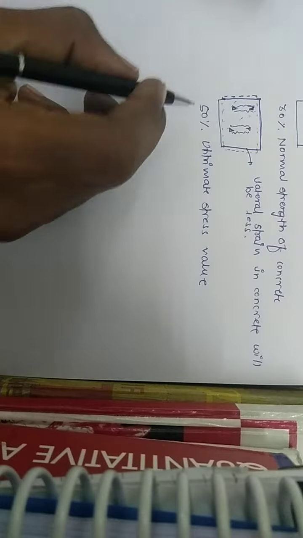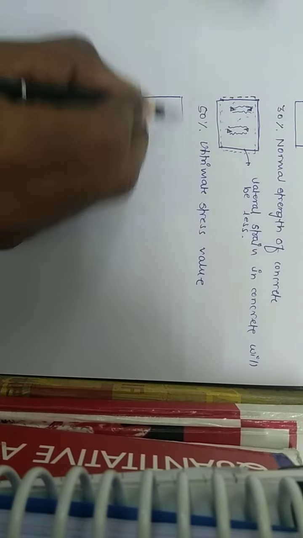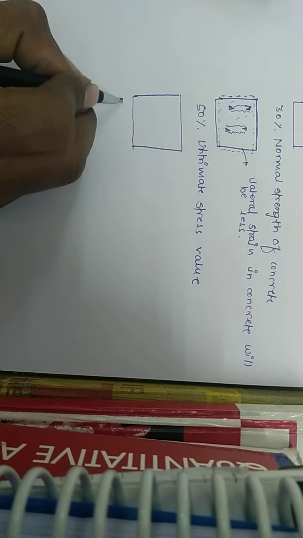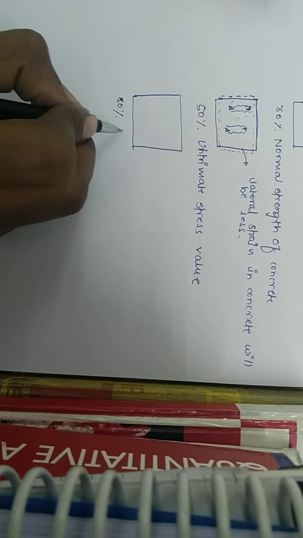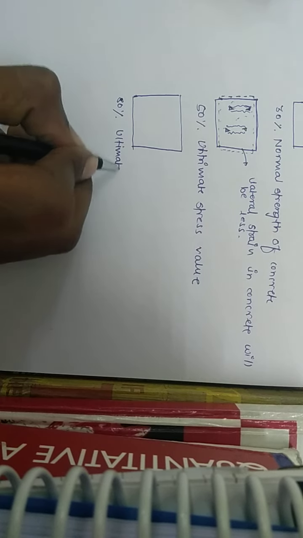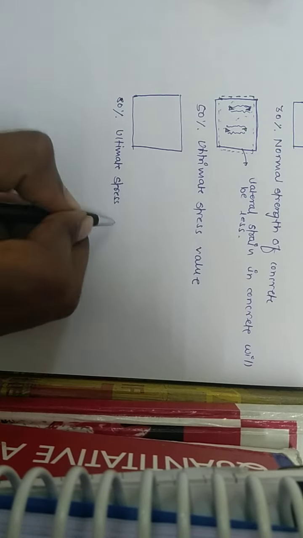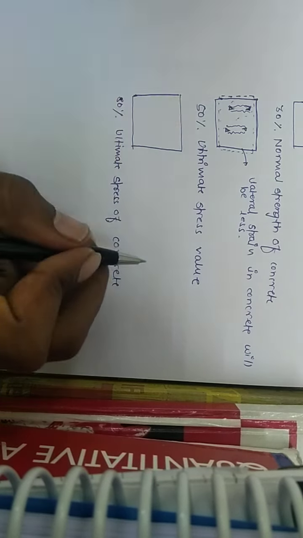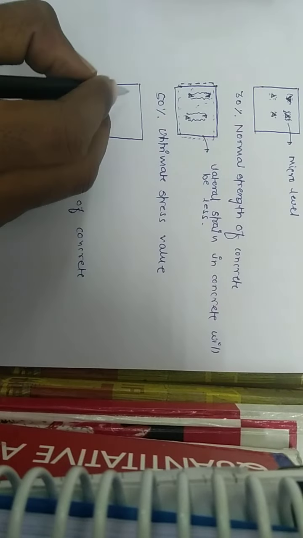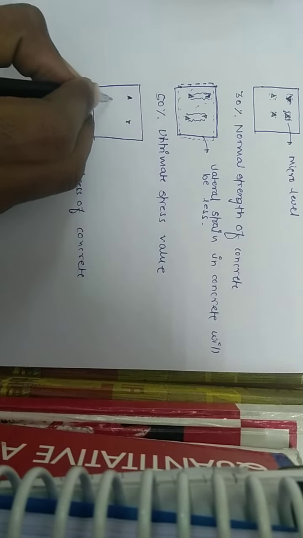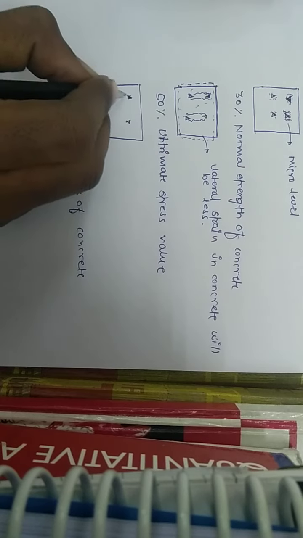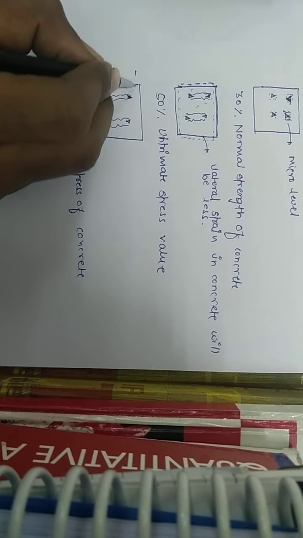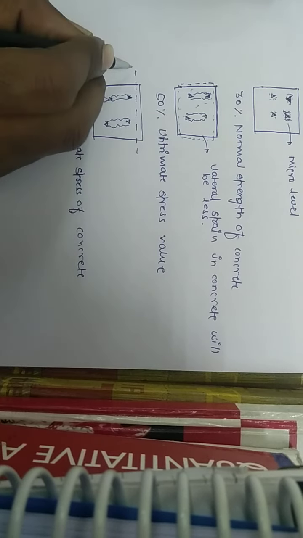Now in the third case, suppose this external force is about 80% of the ultimate stress of the concrete. Then the lateral strain in this section will be very high. These cracks have started joining to each other, and the lateral strain will be very high in this section.